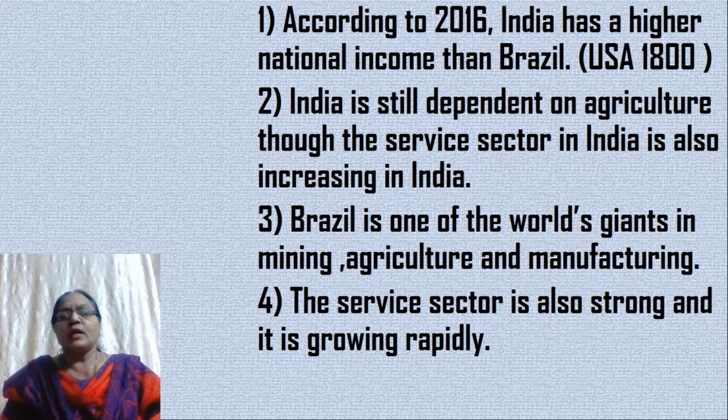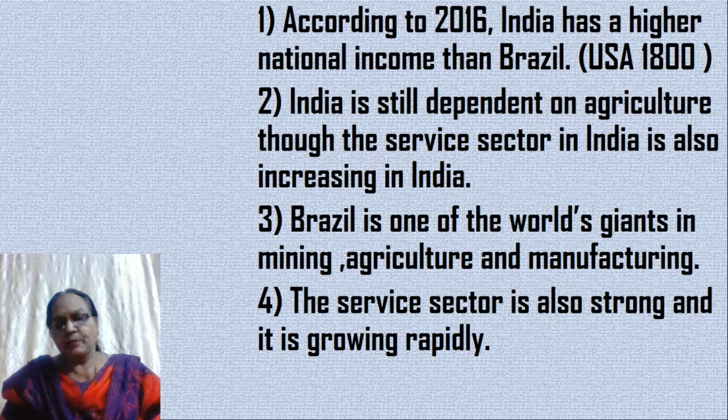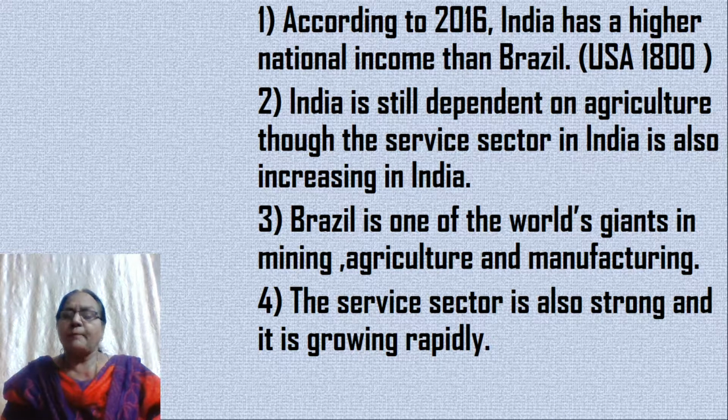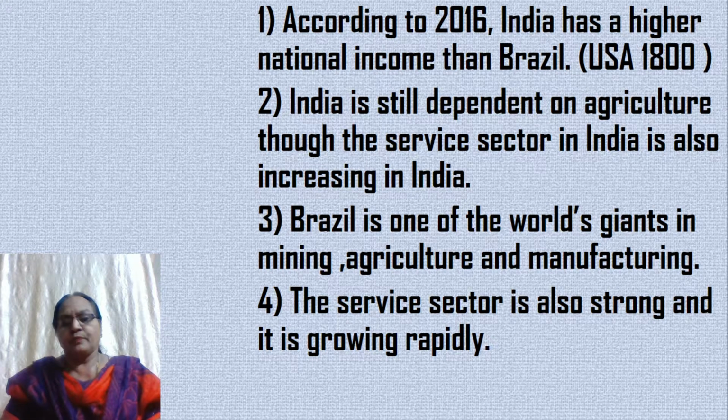Okay, that is, the national income of USA is far higher than that of the developing nations like India and Brazil. Now, in India, we find a major percentage of the population is concentrated on agriculture as well as allied activities. That is the primary sector.